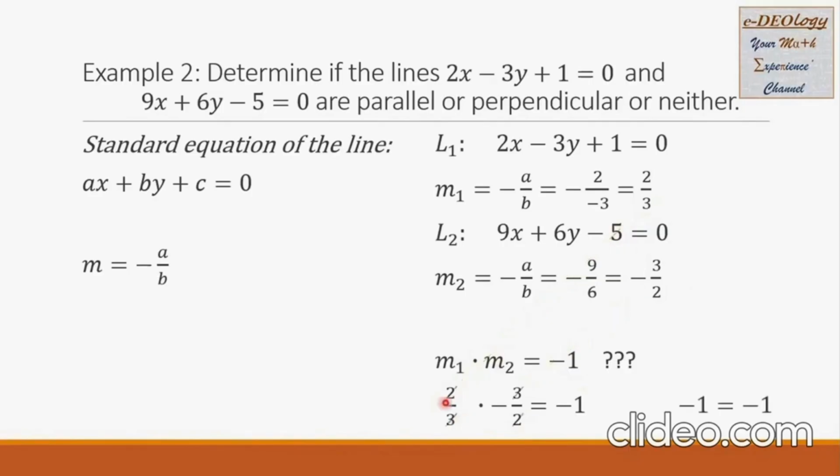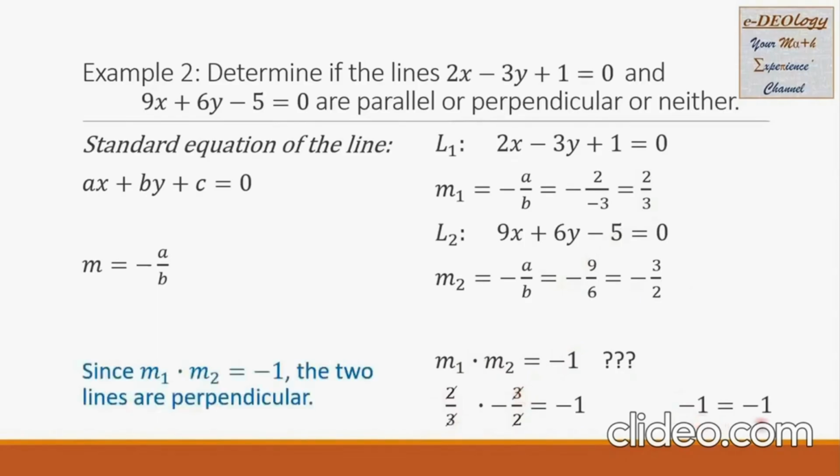And then we can cancel the 2 and the 2, also the 3 and the 3. And the final answer is negative 1 equals negative 1. So this is satisfied. Then we will write, since m sub 1 times m sub 2 equals negative 1, the two lines are perpendicular. This is our final answer.